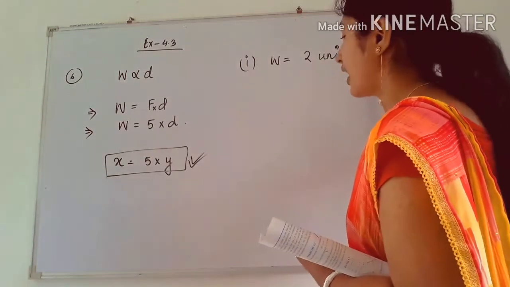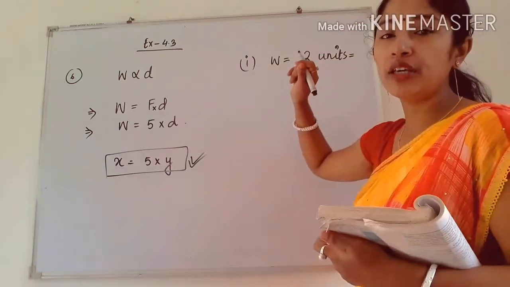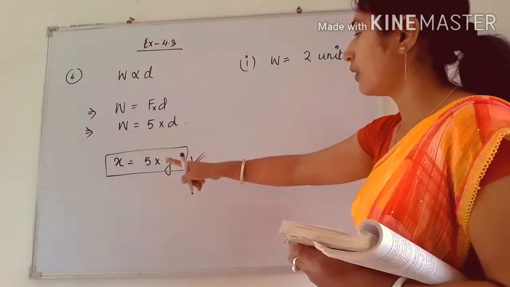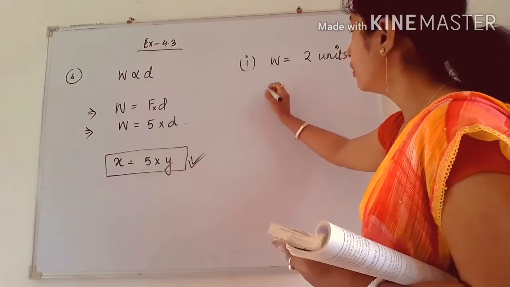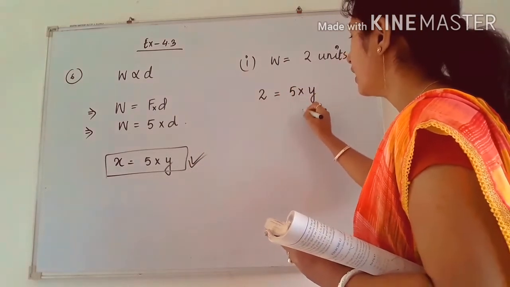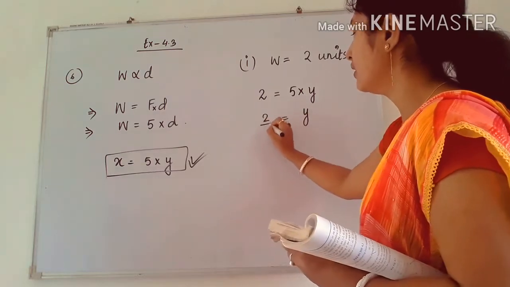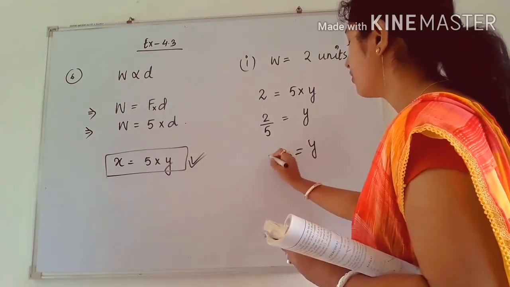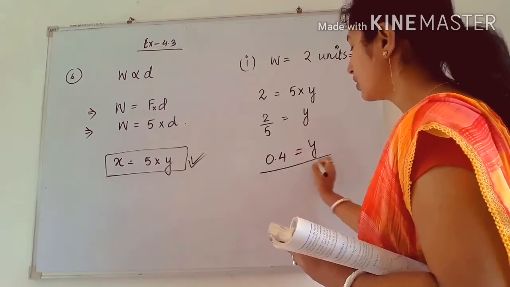First of all you have to write, let W be x. Okay, so this is x. So if we put the value of x in the above equation, we have 2 is equal to 5 into y, and y is equal to what? 2 by 5, which is equal to 0.4. So the value of y, that means distance, is what?